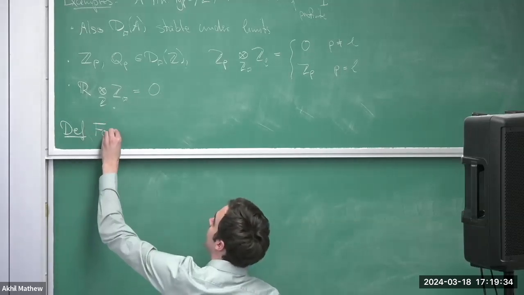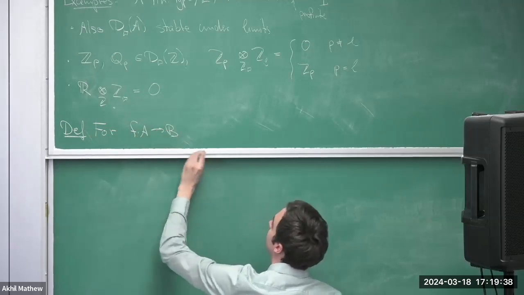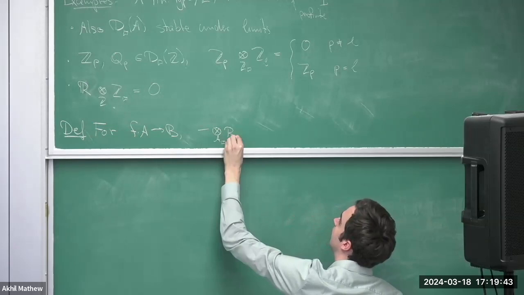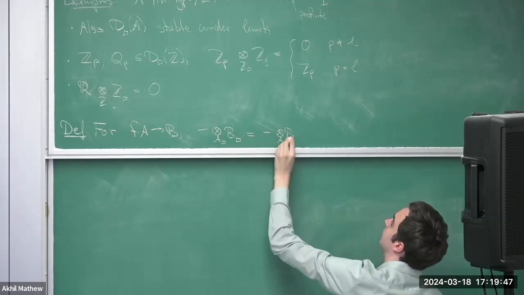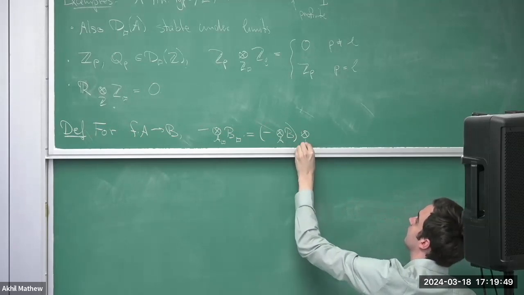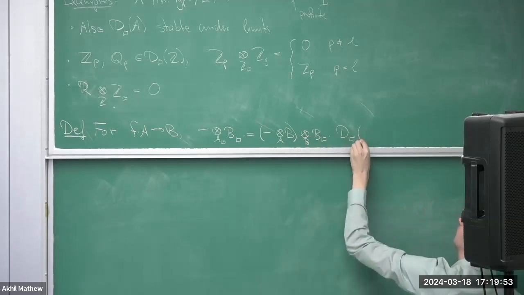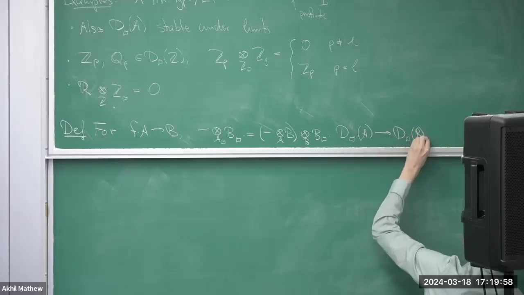So for a map of rings, I can consider the solid base change, which is just the tensor up, and then I solidify over B. So this takes a solid A-module and makes out of it a solid B-module.